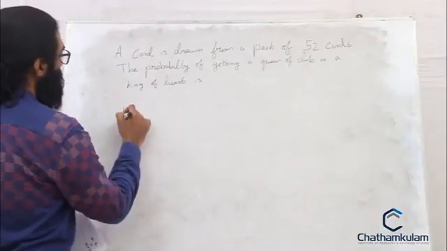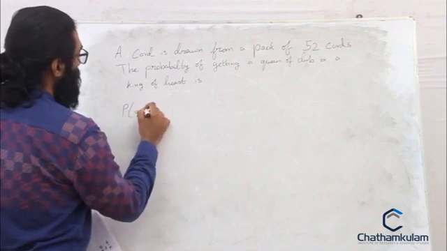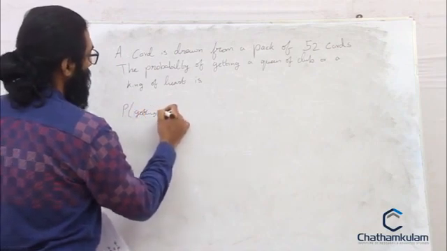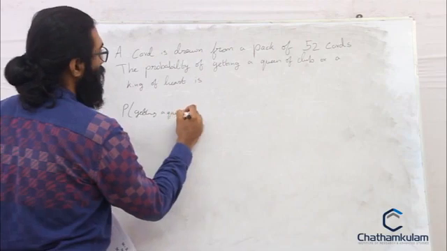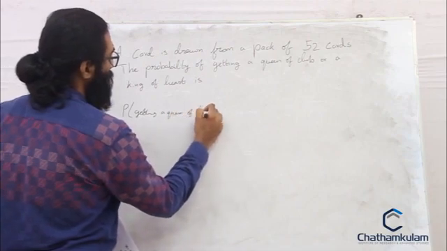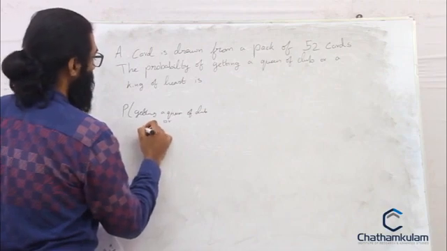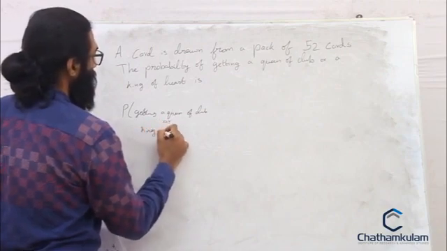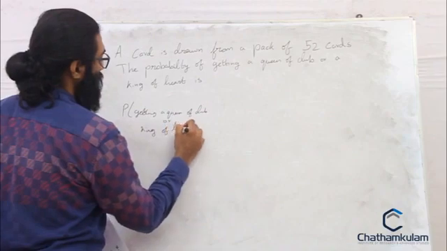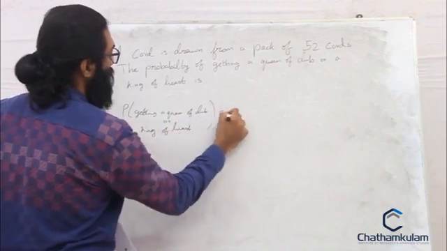A card is drawn from a pack of 52 cards. The probability of getting a queen of club or a king of heart is. This is our question. So we have the formula. We write it as P of getting a queen of club or king of heart will be equals.